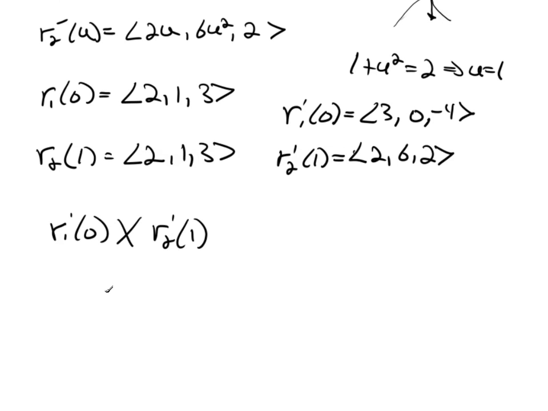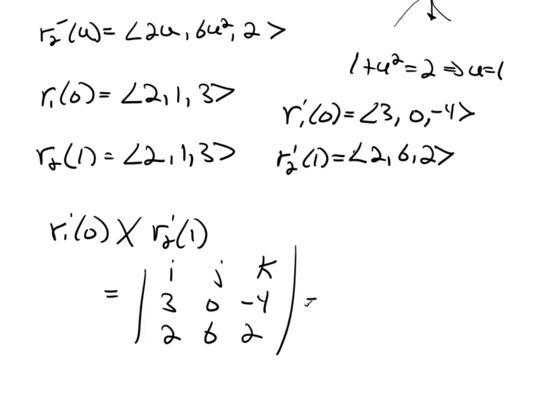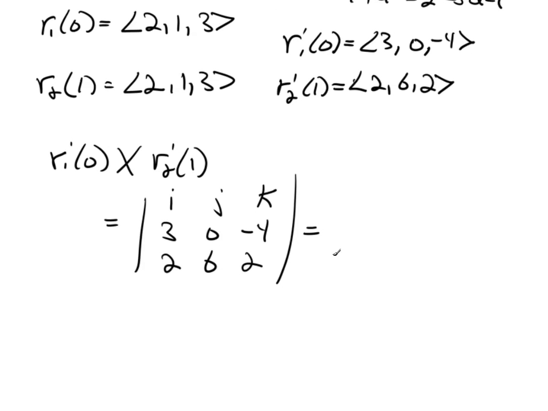And I'm going to set that up. That's going to be equal to the determinant of i, j, k, 3, 0, negative 4, 2, 6, 2. And that determinant is going to be, let me see here, 0 plus 24i minus 6 plus 8j plus, sorry, ran out of room again, 18k.